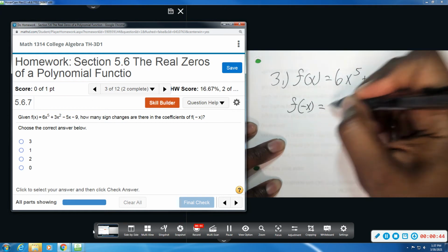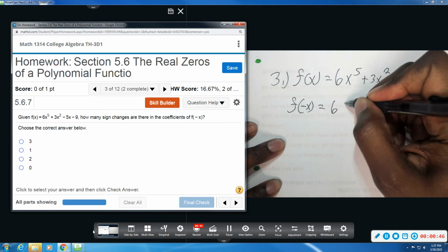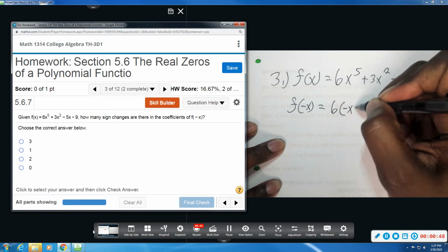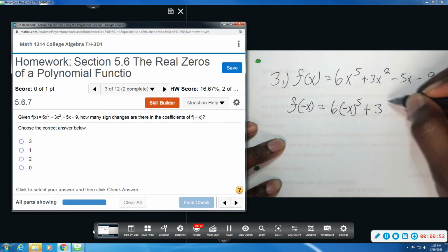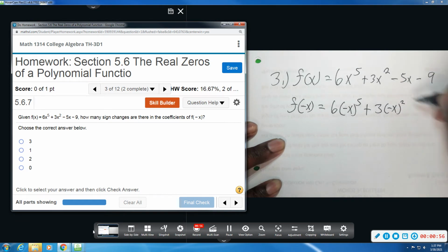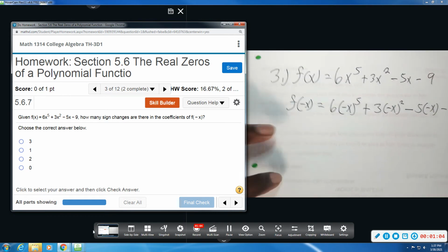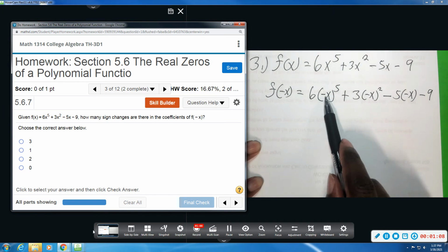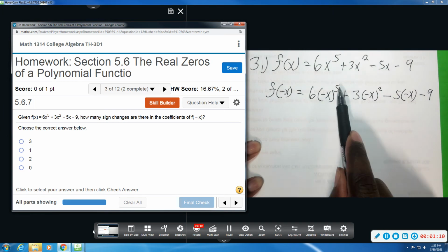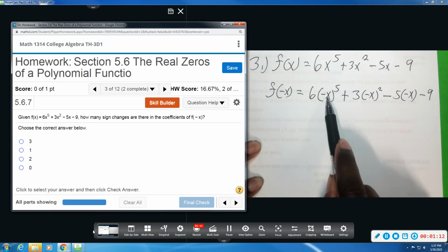So what that means, we're going to do 6 and then in parentheses negative x to the 5th plus 3 parentheses negative x squared minus 5 parentheses negative x minus 9. Okay, so when you raise a negative term to an odd power, it results as negative.